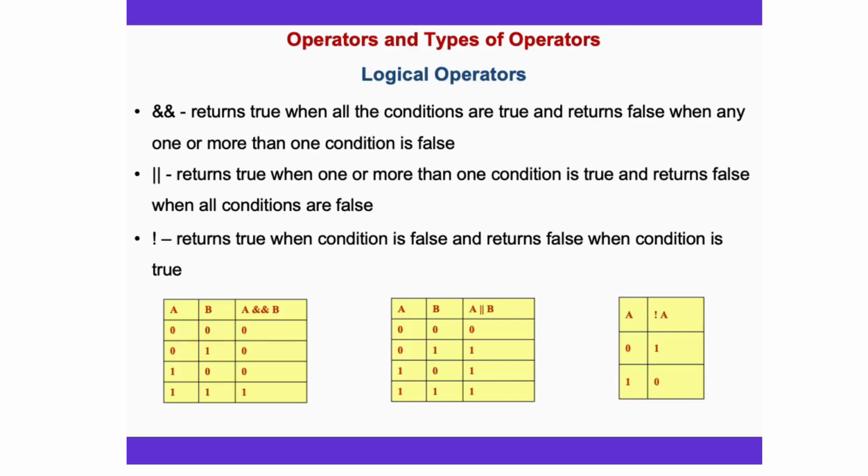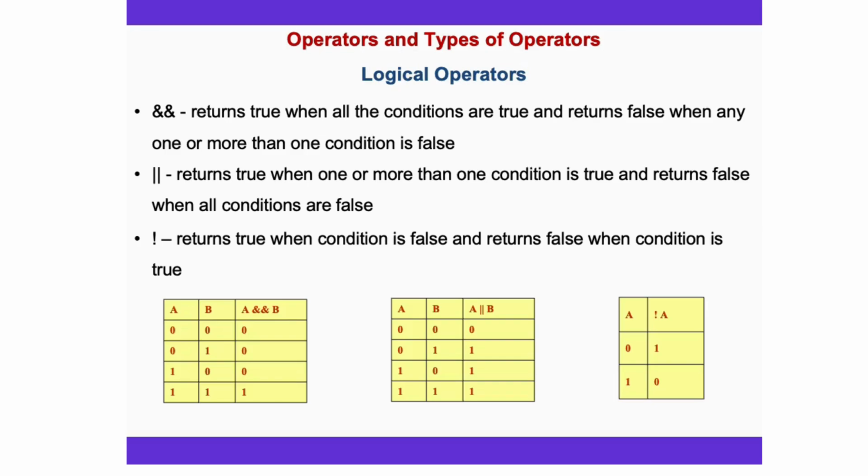First we are going to see about the AND operation. The AND operation returns true when all the conditions are true. Listen, students, it returns true when all the conditions are true. That means it produces the value 1 if both conditions are true.